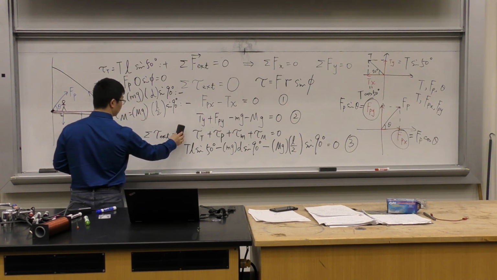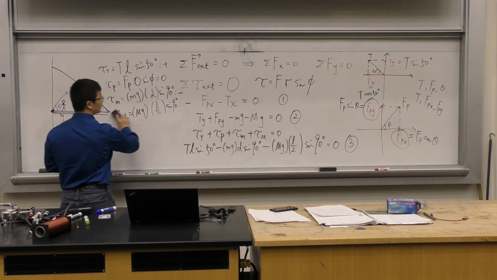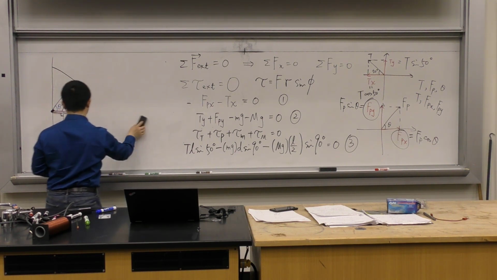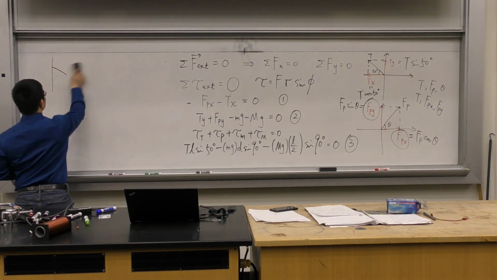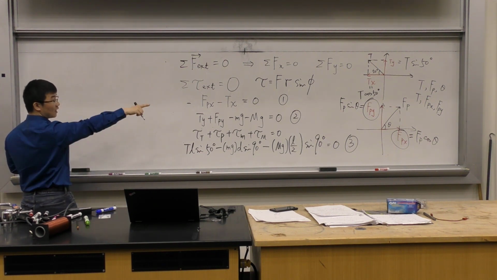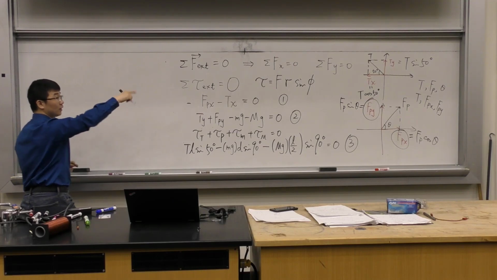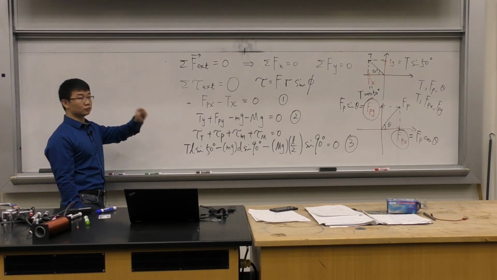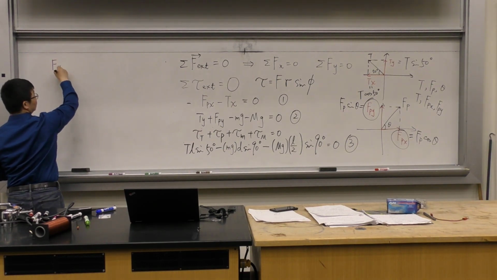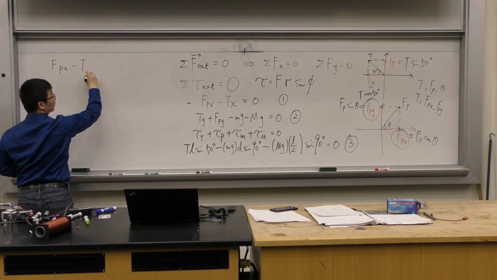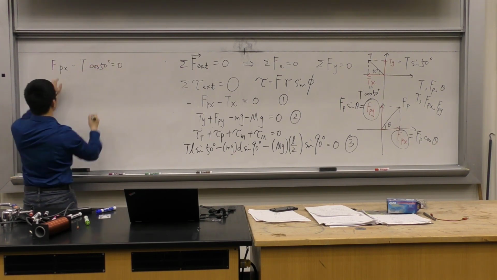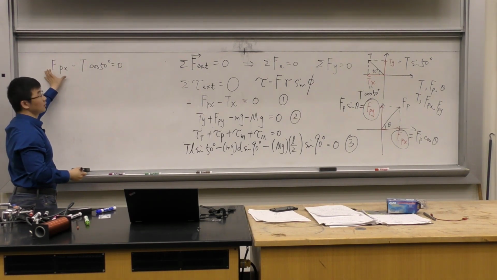So I'm going to erase all this. Now we have three equations, but I'm going to replace Ty and Tx with T and sine and cosine, because I already know the angle. So I would just have one unknown T there. The first equation becomes Fpx minus T cosine 50 degrees equals 0. I'm going to keep this x component and treat it as one unknown.